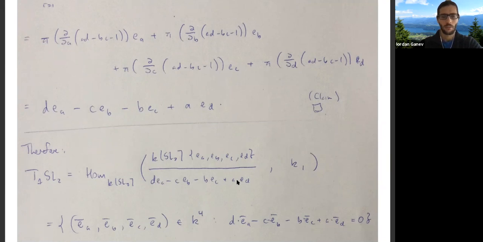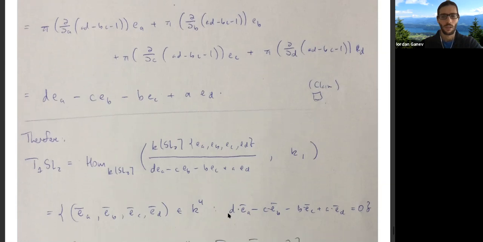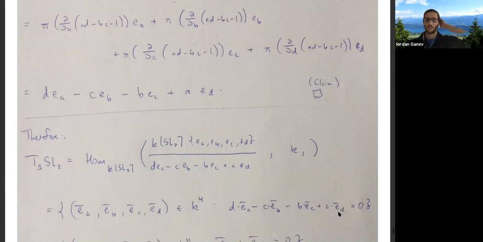But we can't choose them any way we want. We have to impose this condition. And this condition tells us that D acting on the scalar E bar A, minus C acting on the scalar E bar B, minus B acting on the scalar E bar C, plus A acting on the scalar E bar D, has to be 0.